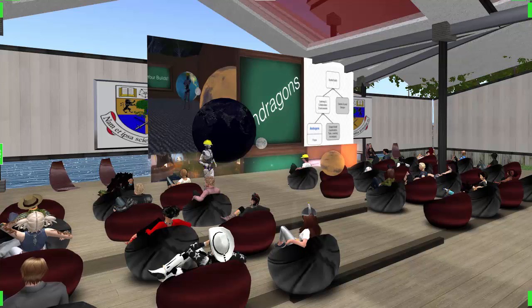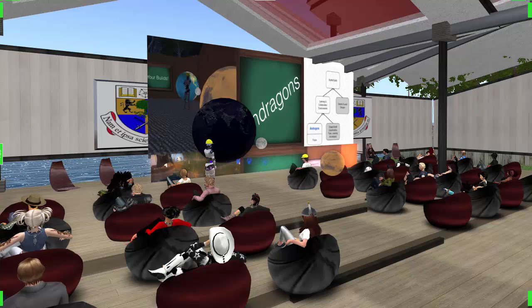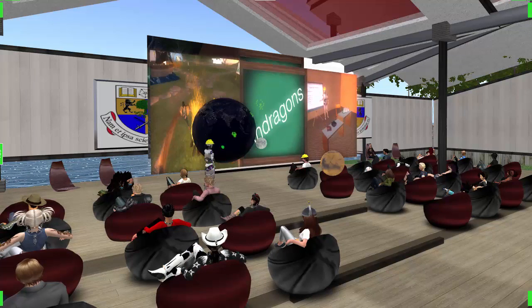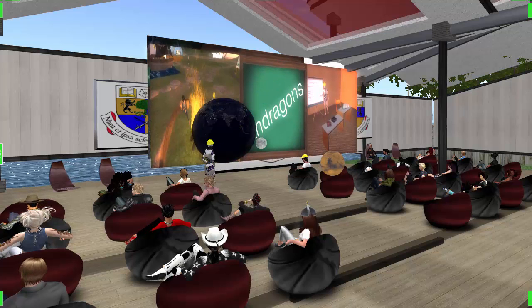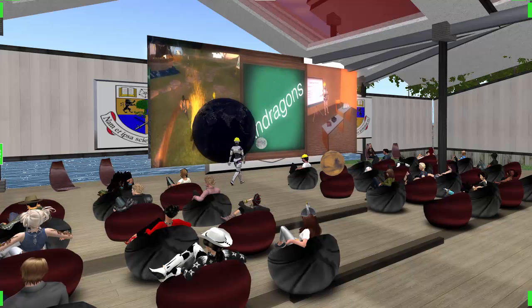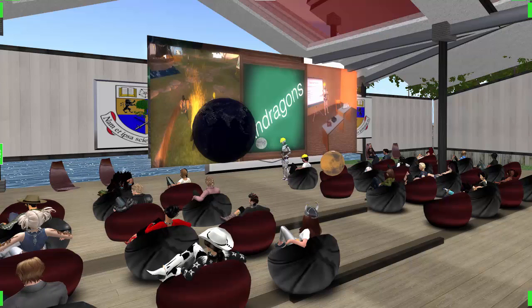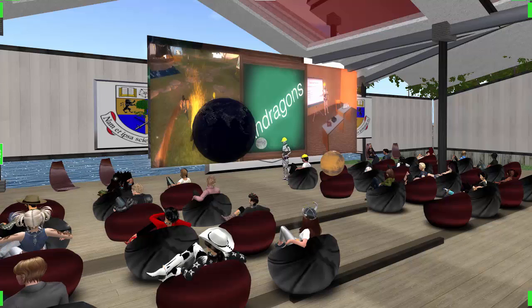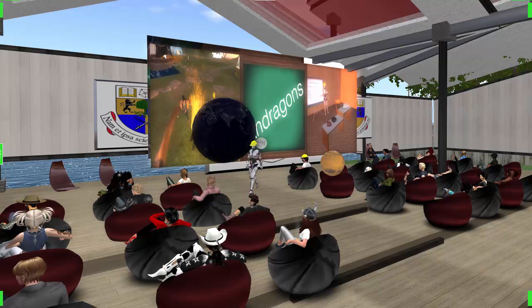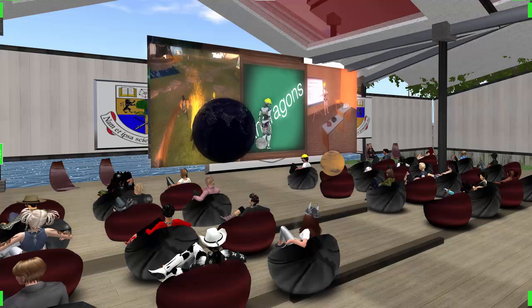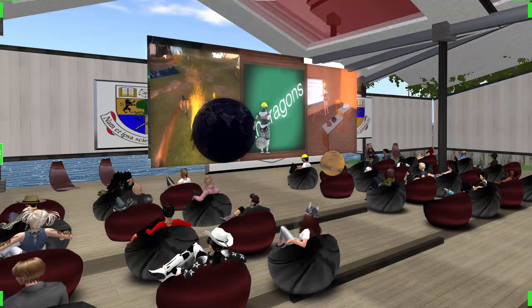So if you click on this glowing board here, you'll get a note card that actually has these planets in it. And you can put them out in any order. You can change the size. You can script them to rotate. Whatever you like.